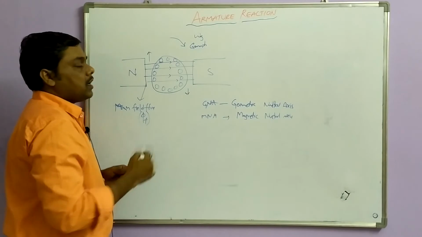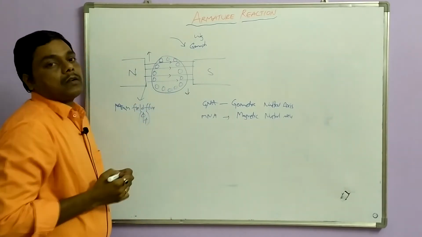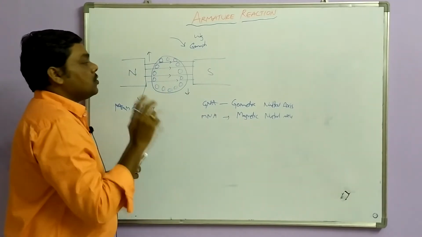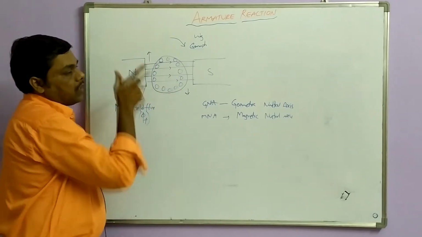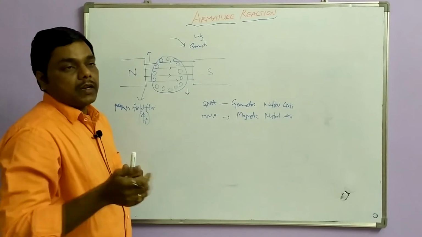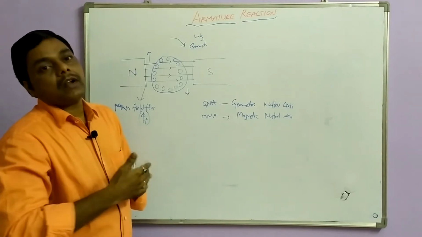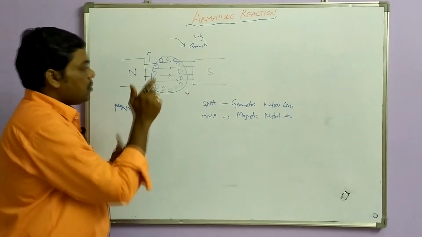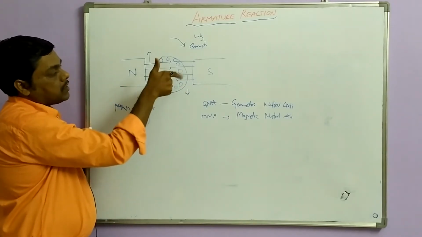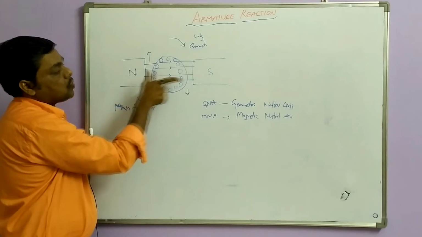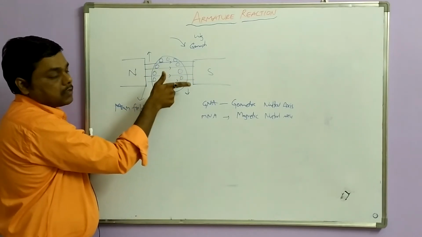So what is the direction of currents here? By using the right hand thumb rule, you are going to find out the direction of current, whether the current is entering or leaving the conductors. Now place your right hand thumb in upward direction and forefinger towards the flux, parallel to flux.